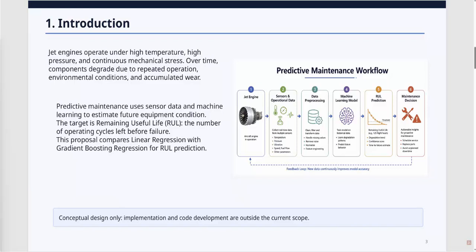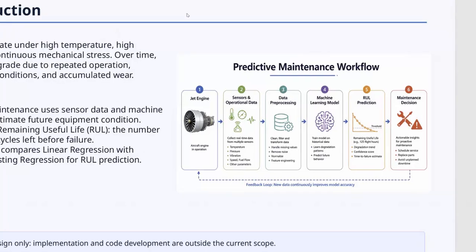So RUL represents the estimated number of operating cycles left before the engine reaches failure. The goal of this project proposal is to describe a machine learning approach for predicting jet engine RUL using historical sensor data. So let's speak about the picture that we have here, the predictive maintenance workflow.